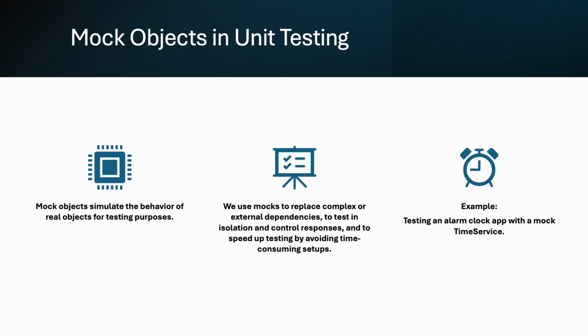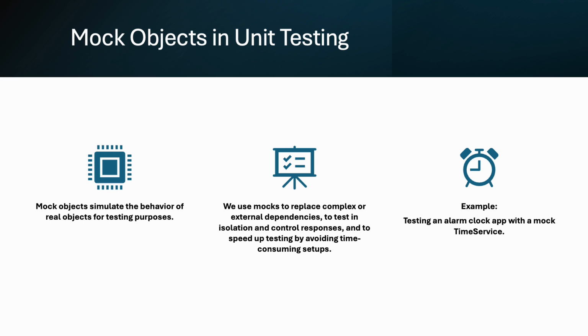So, mock objects in unit testing. What are mock objects? Mock objects simulate the behavior of real objects for testing purposes. We use mock tests to replace complex or external dependencies to test in isolation and control responses, and to speed up testing by avoiding time-consuming setups.